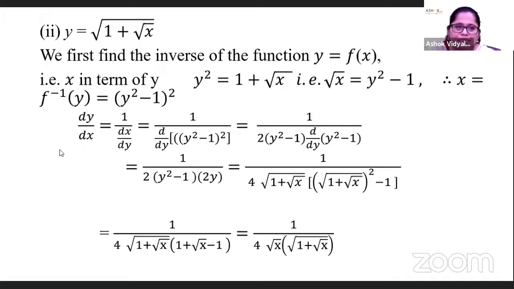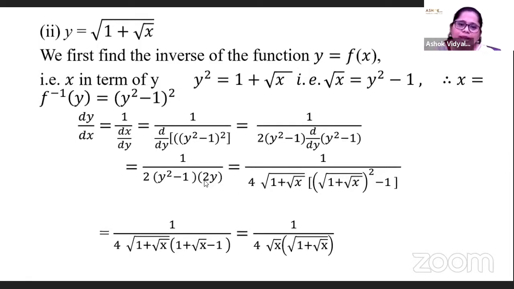Again we take the derivative of this function. dy by dx is 1 upon dx by dy. Therefore, 1 upon the derivative of this function, as x is equal to y square minus 1 bracket square. The derivative of this function is 2 times y square minus 1 into derivative of y square minus 1 with respect to y. It is 2 times y square minus 1 and the derivative of y square minus 1 is 2y.